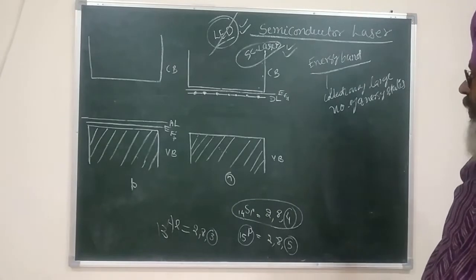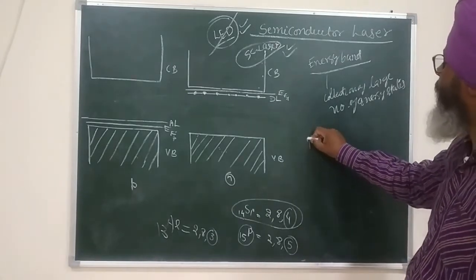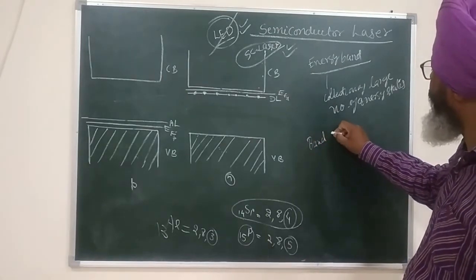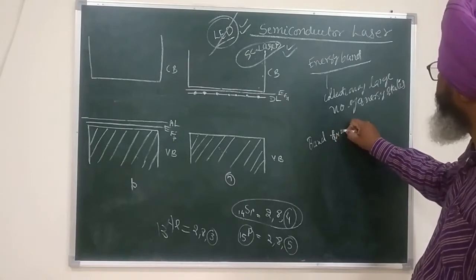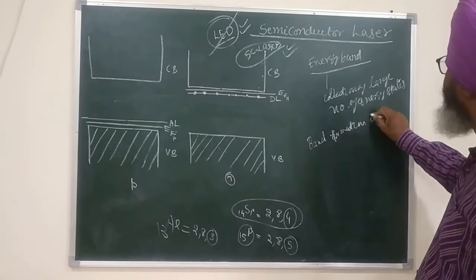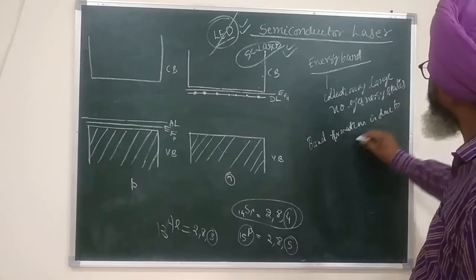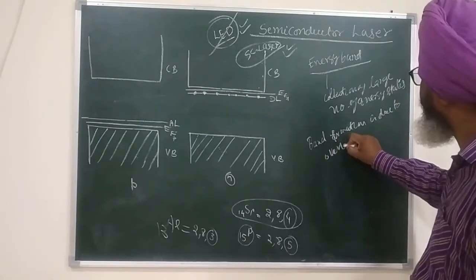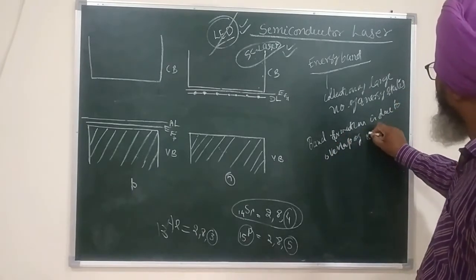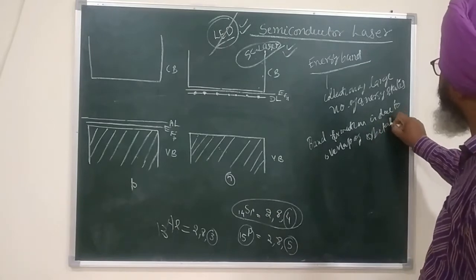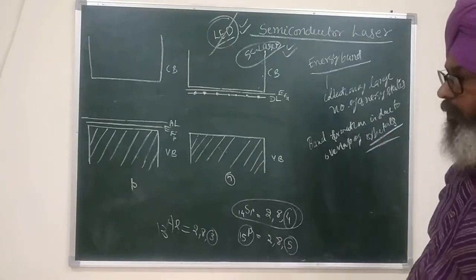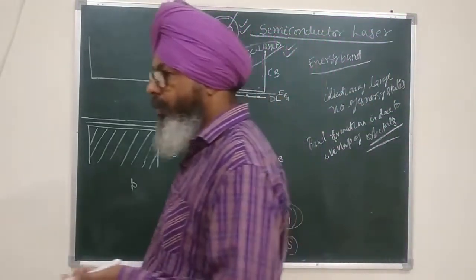Now, how are bands formed? The answer is that band formation is due to the overlap of orbitals.